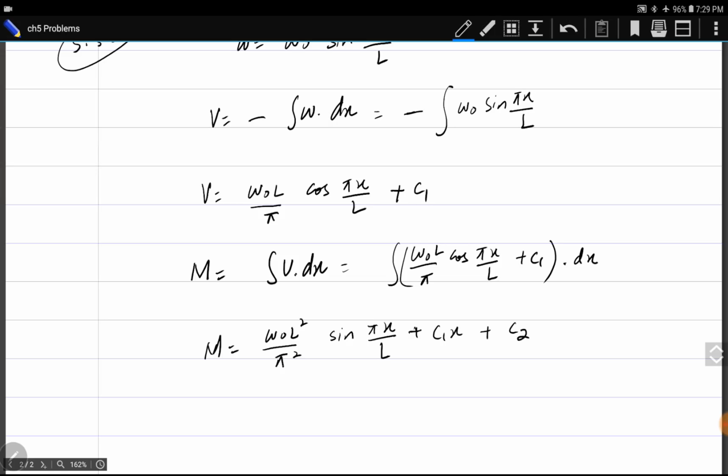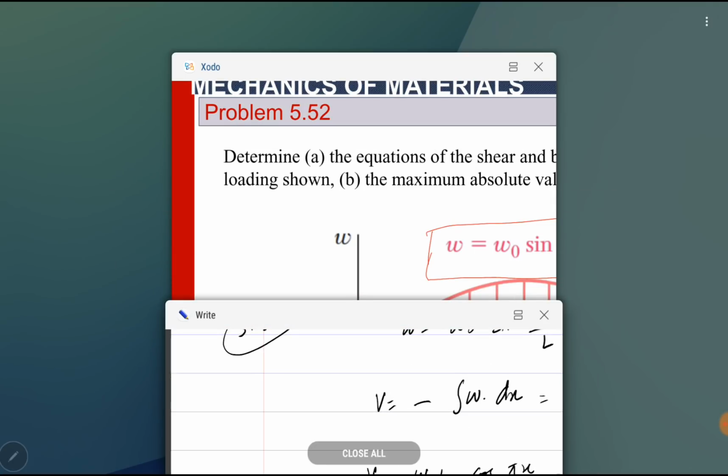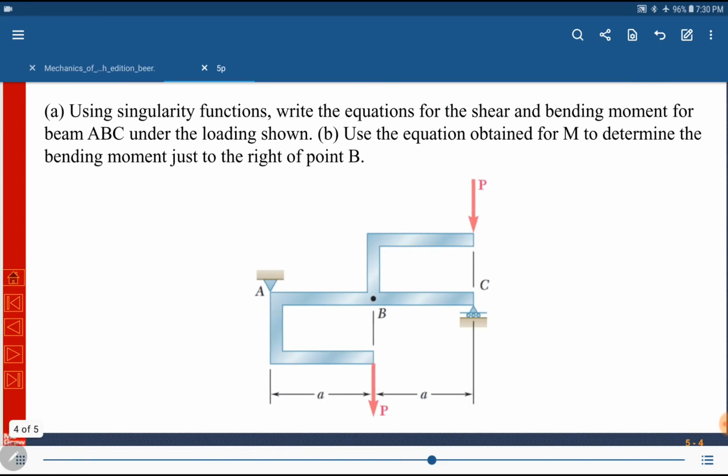There is another constant of integration here. Now how to find C1 and C2? We have to apply boundary conditions. What are the boundary conditions?